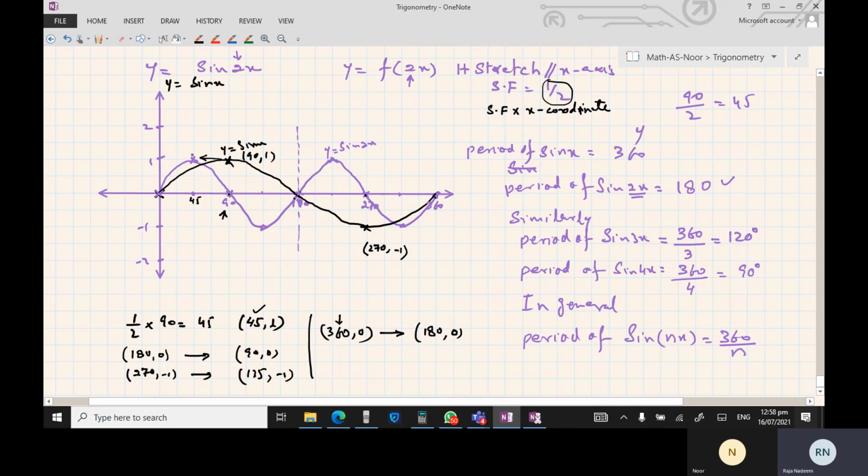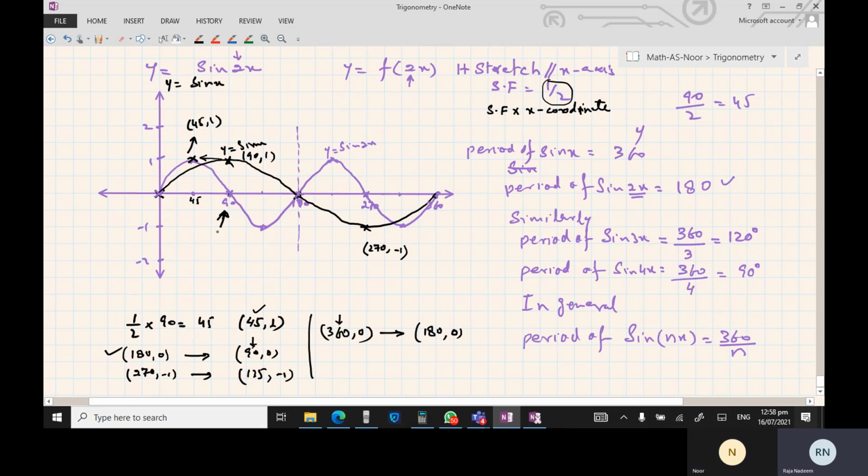All right, so the first point was 45 and 1. This point has coordinate 45 degrees and 1 on the y-axis. The next point was 180 and 0, and when you applied horizontal stretch, the new point was 90 and 0.